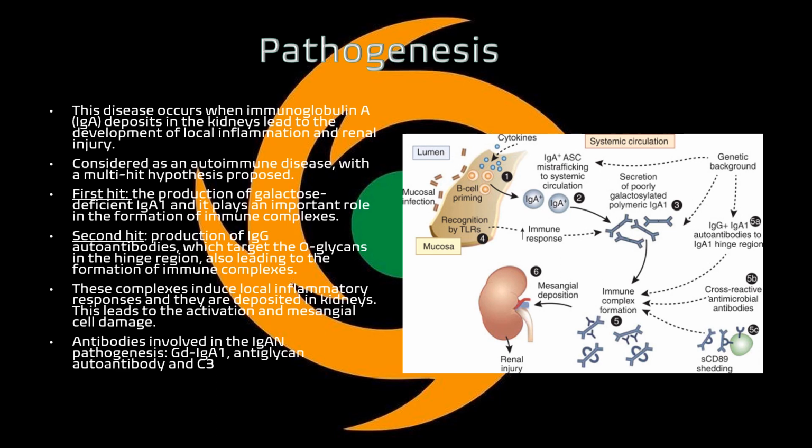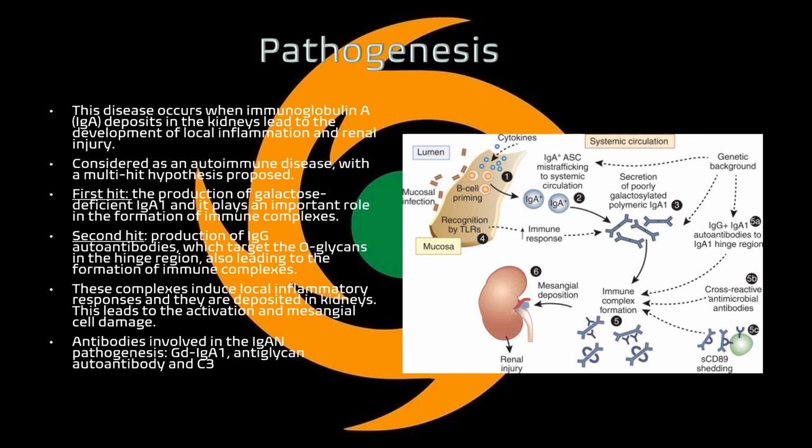There is a multi-hit hypothesis that has been evidenced around IgAN. One of the first hits is the production of galactose deficient IgA type 1, which plays an important role in the formation of immune complexes.